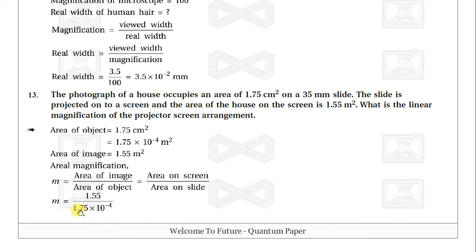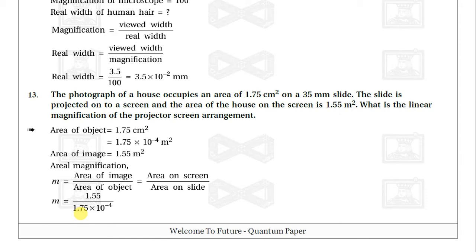See here, the photograph of a house occupies an area of 1.75 centimeters square on a 35 mm slide. The slide is projected on a screen and the area of the house on the screen is 1.55 meter square. What is the linear magnification of the projector screen arrangement? So see here, 1.75 centimeter square converted into meter square gives 1.75 into 10 raised to minus 4 meter square. We know that the areal magnification is equal to the area of image divided by the area of object.